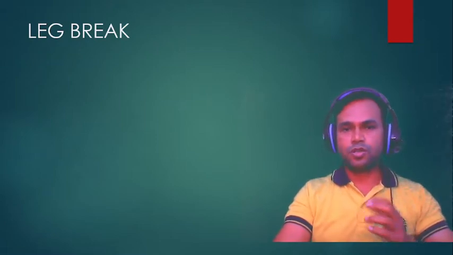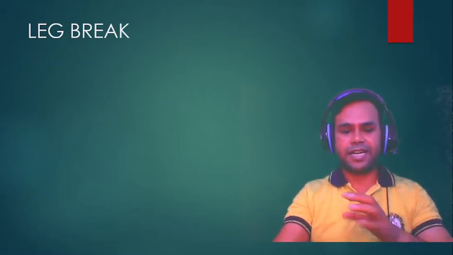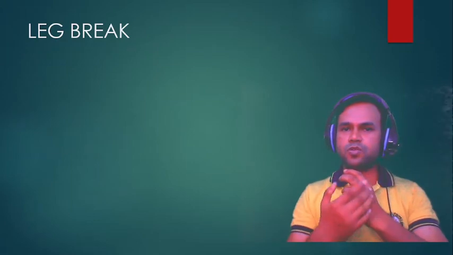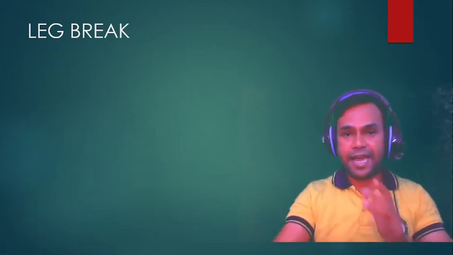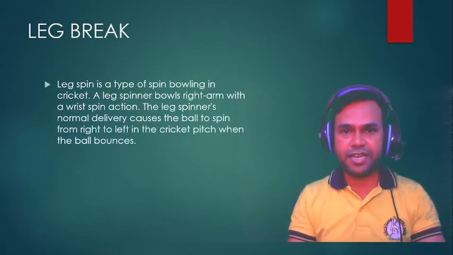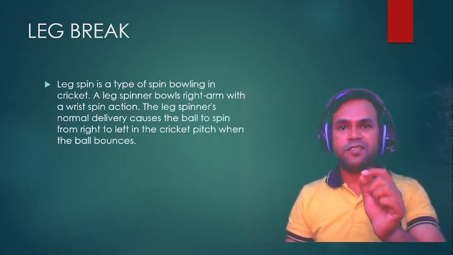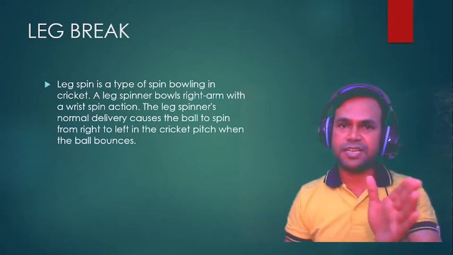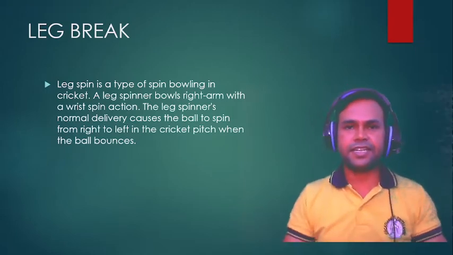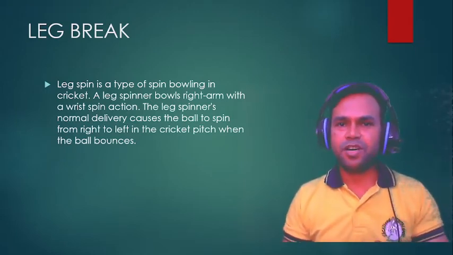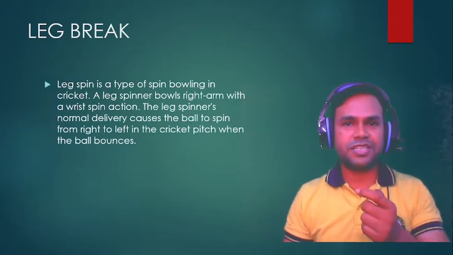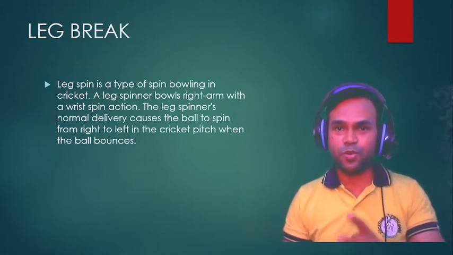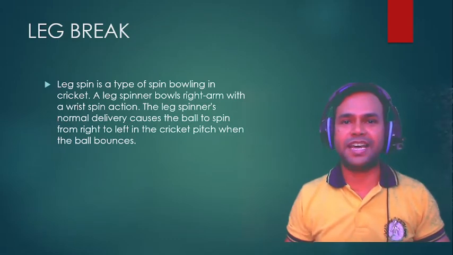The ball will release at the back of the hand, and the back of the hand is facing toward the fine leg area. The ball will first bounce toward the right side, then it will move to the left side. In technical terms, the ball will first bounce toward the leg stump, then it will move toward the off stump, which is known as a normal leg break.